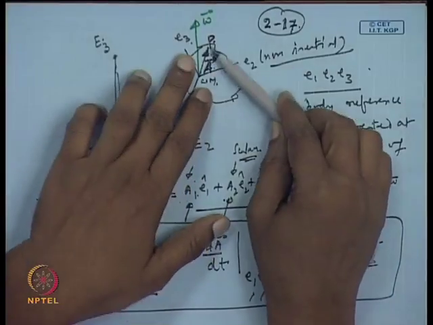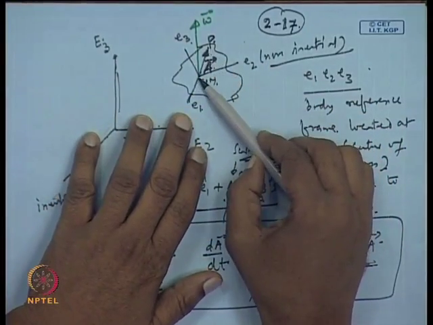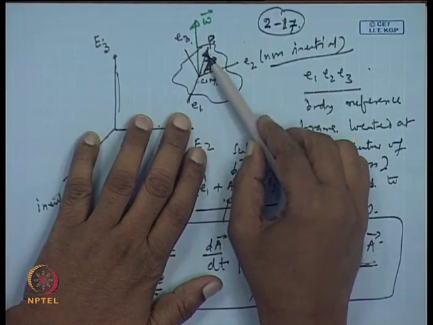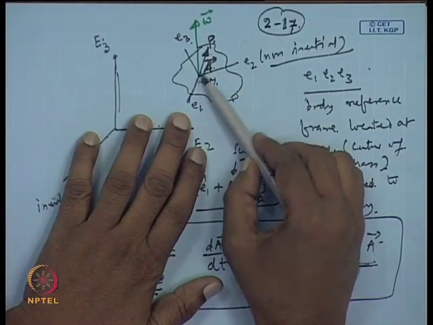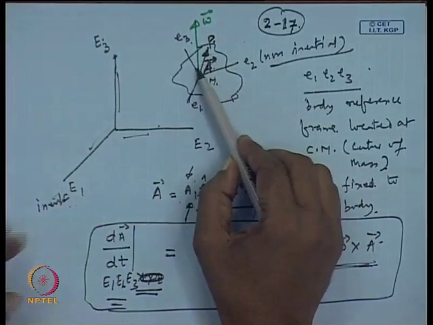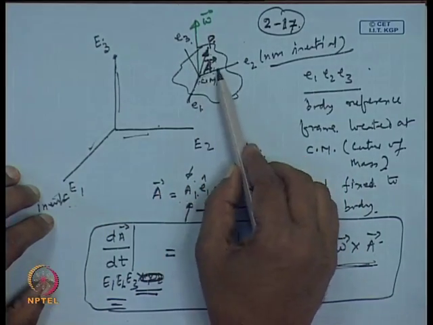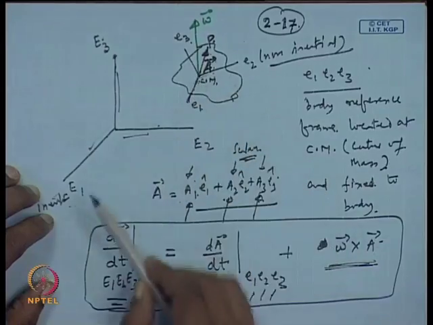Okay. While in the body reference frame, you will see that the components will be different. Here it depends on how it is oriented with the body. So, depending on the orientation with the body, its components will be defined here, but this component will also remain fixed in this place.